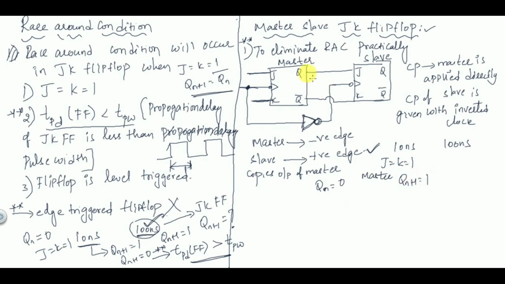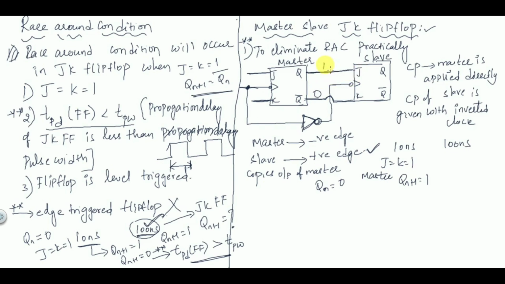So immediately the output of the master will be transferred to the slave, that is Q equal to 1 is transferred here, and Q bar equal to 0. If Qn+1 is equal to 1, then Qn+1 bar is automatically 0.